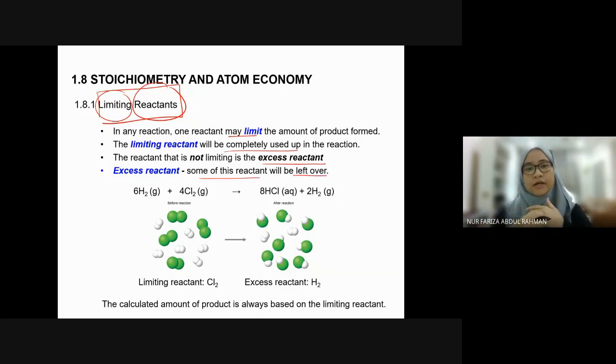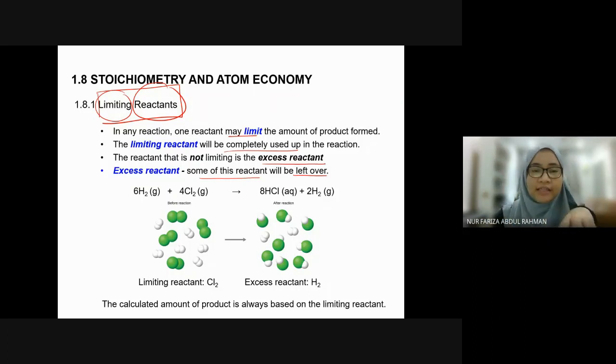All right, so there are two terms that you should know and make sure that you are able to define them. Limiting reactant is a reactant or substance that limits the reaction. By limit, I mean when the limiting reactant is totally consumed during the reaction, what will happen to the reaction? The reaction will automatically stop, because there is not enough reactant to be used in order to produce the product.